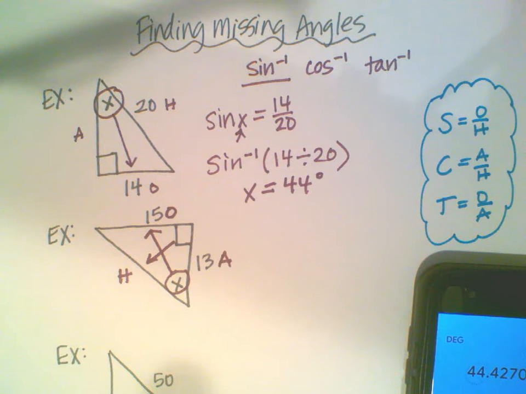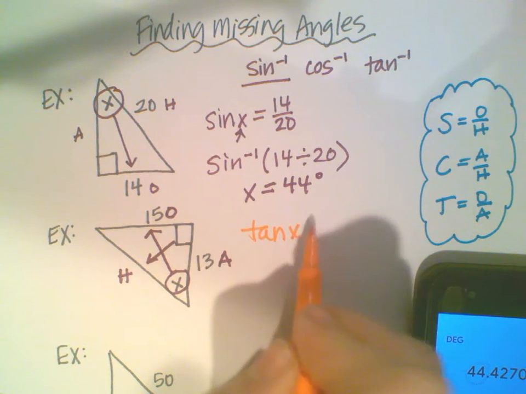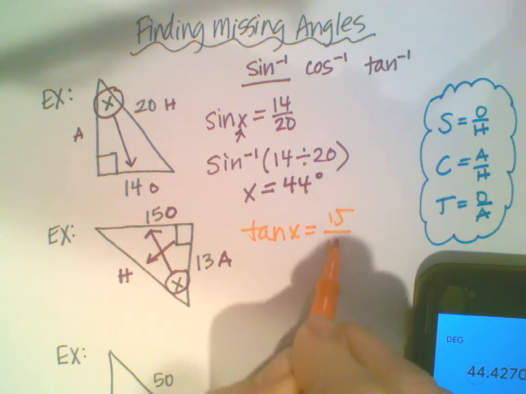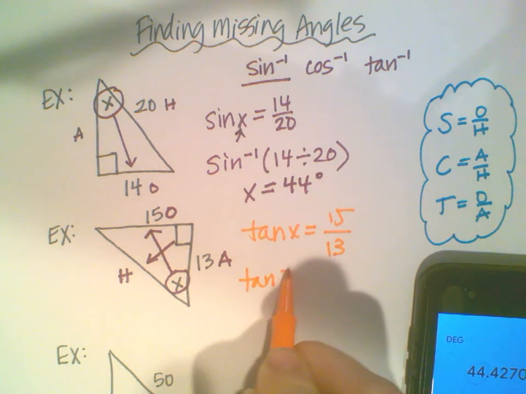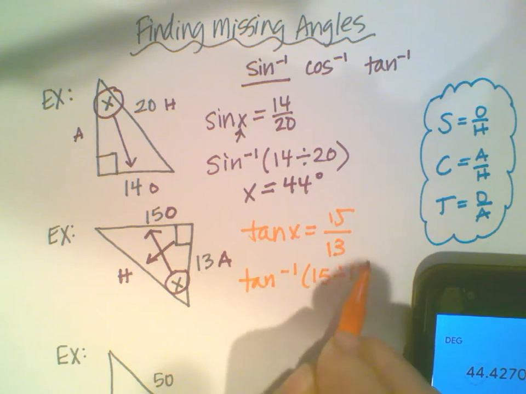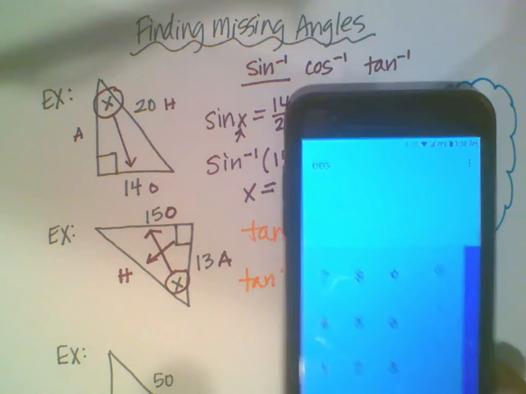When I set this up, I say the tangent of the angle is equal to the opposite over the adjacent. To solve it, I hit tangent inverse of opposite divided by adjacent, and that's what I'm going to plug in my calculator. So I'll pull out my calculator again.